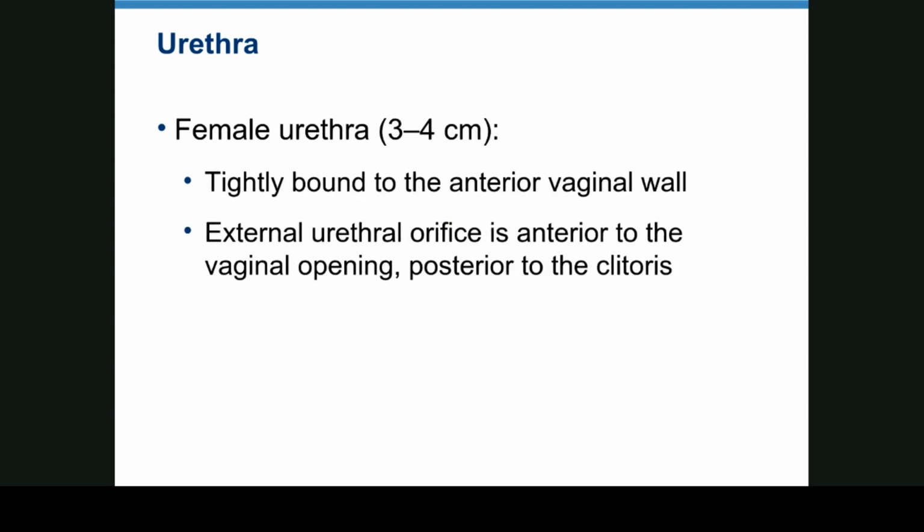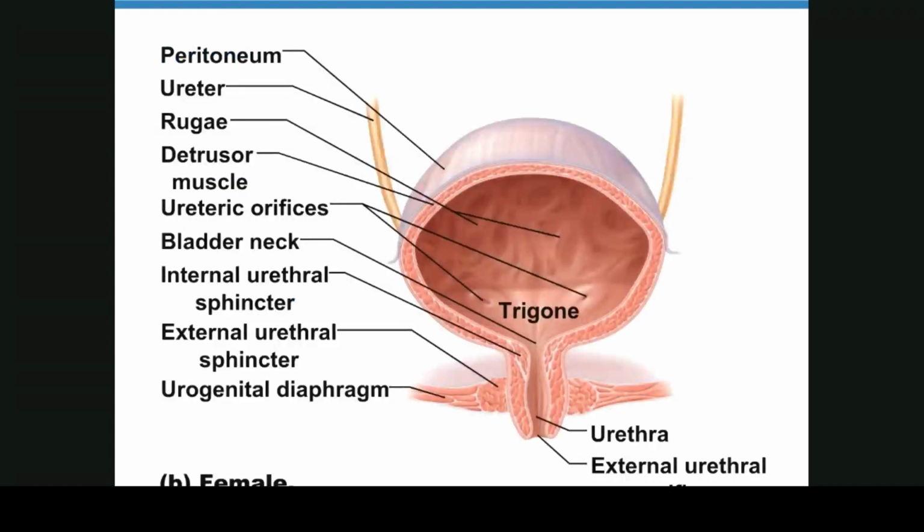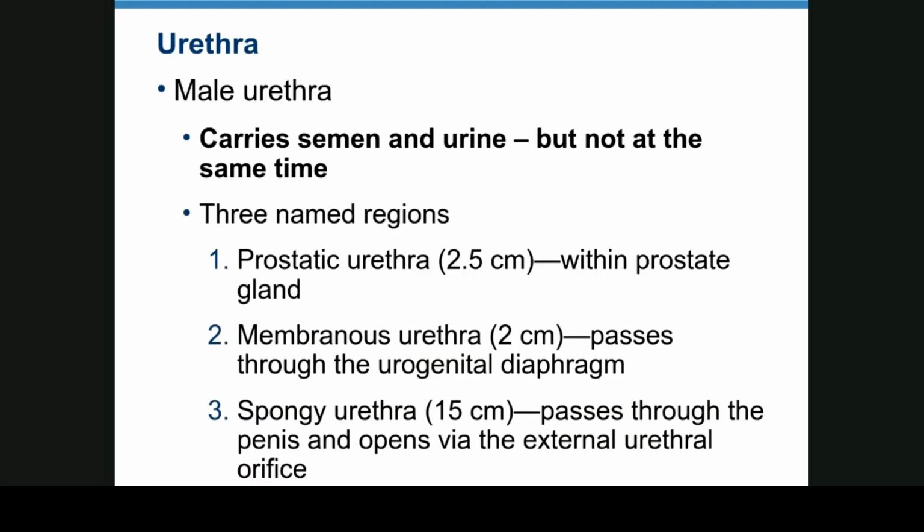Next slide here. Female urethra is only 3 to 4 centimeters long, bound to the anterior vaginal wall. The external urethral orifice is anterior to the vaginal opening and posterior to the clitoris. I don't have a good shot of that right here, but okay, the male urethra carries semen and urine, but not at the same time, because urine is toxic to semen.